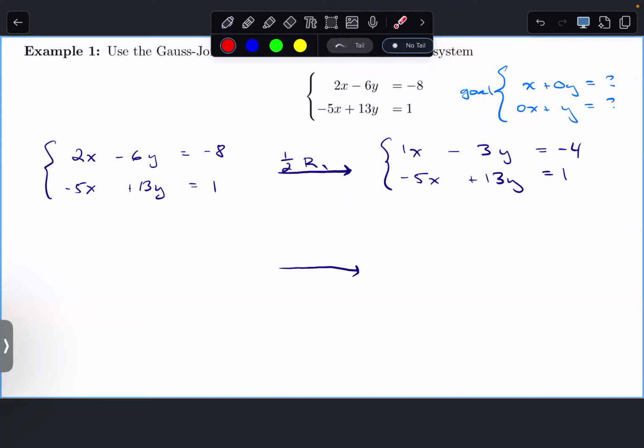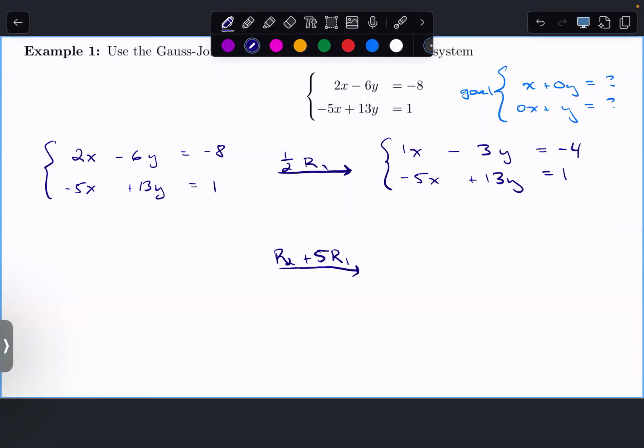How about I eliminate this little guy first, so I don't have to deal with -5 over 13. Ugh. So how can I eliminate this -5? I can take row 2 plus 5 times row 1. Right? Let's try that. So row 2 plus 5 times R1.